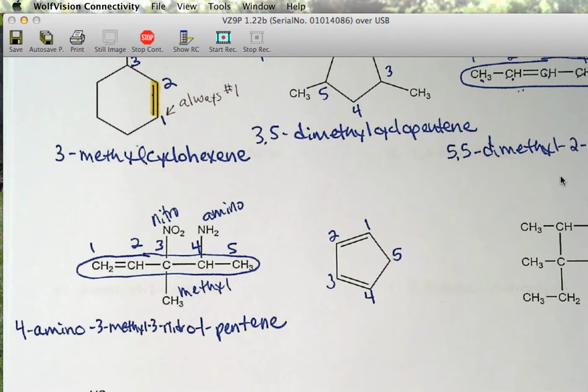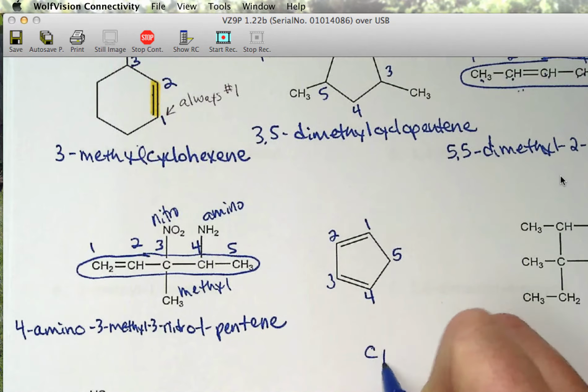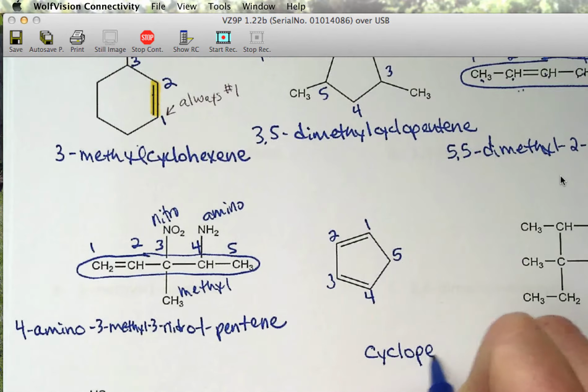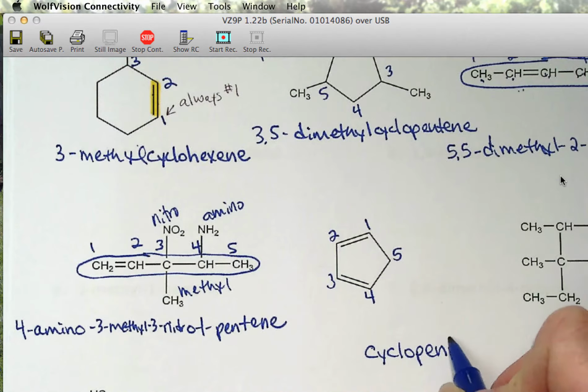So this would be called cyclopentane, but it's a diene. So remember, cyclopenta, add the diene.